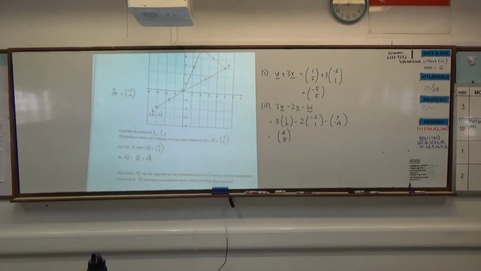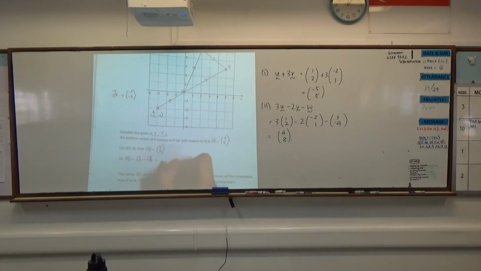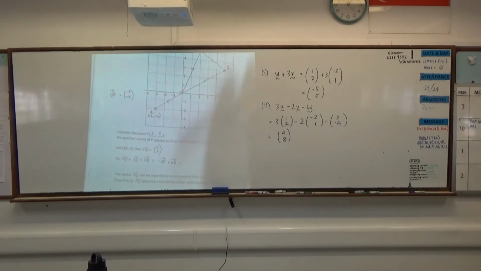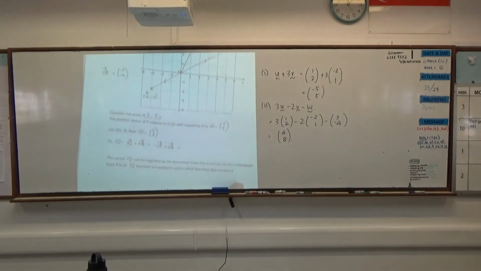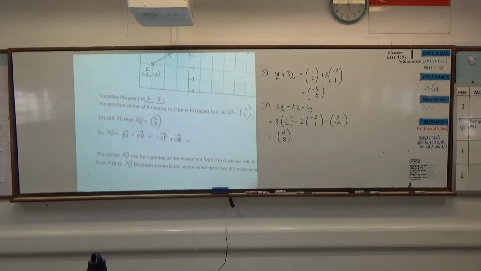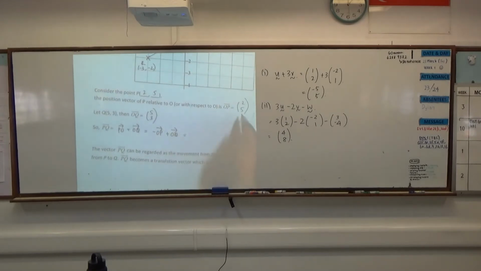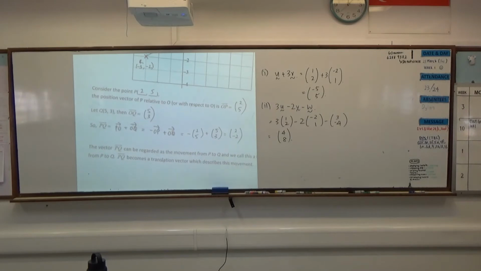PO plus OQ, which is negative OP plus OQ. OP is 2, 5, so negative 2, 5 plus OQ, which is 5, 3. We find that it is 3, -2.